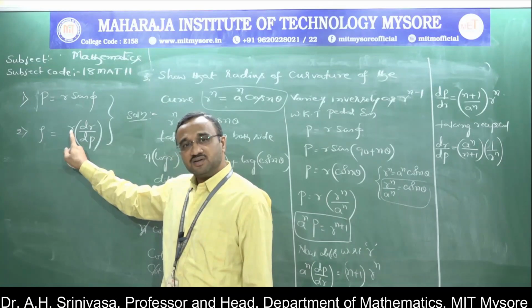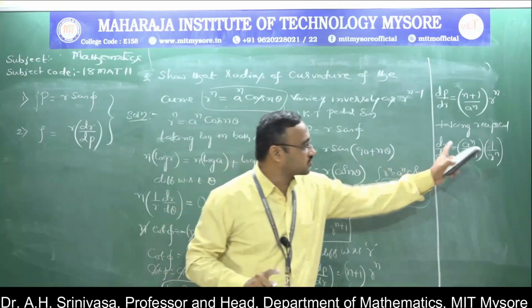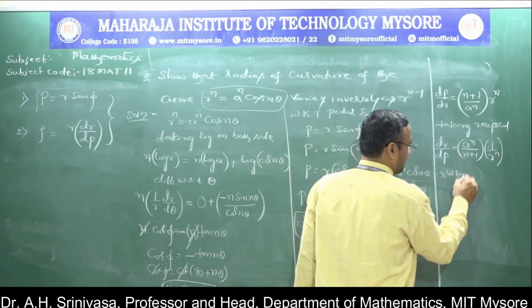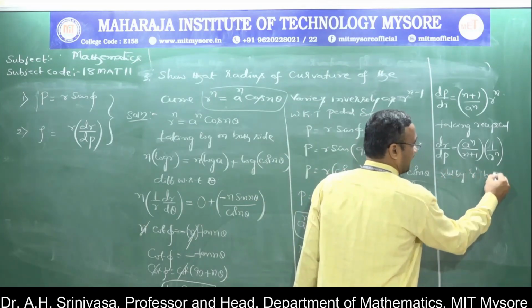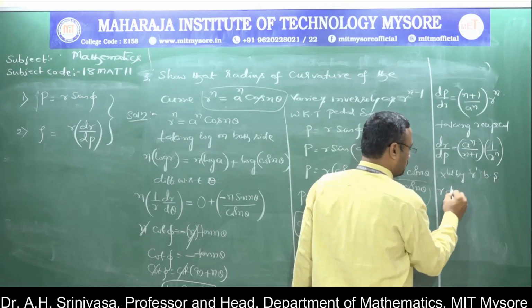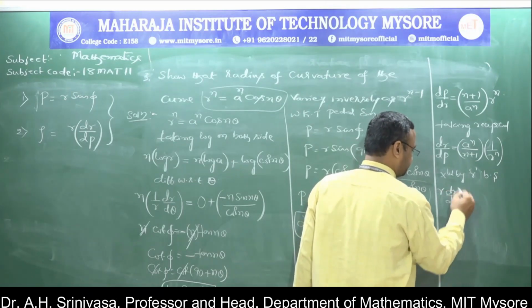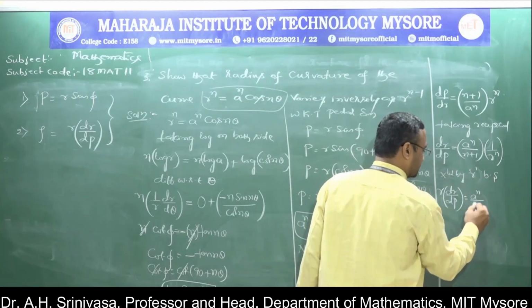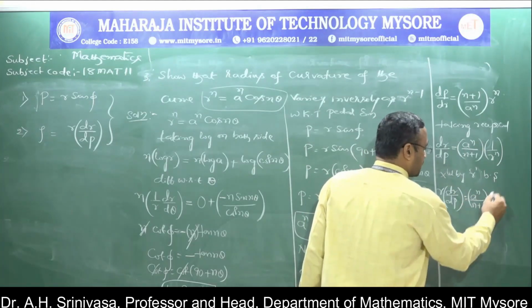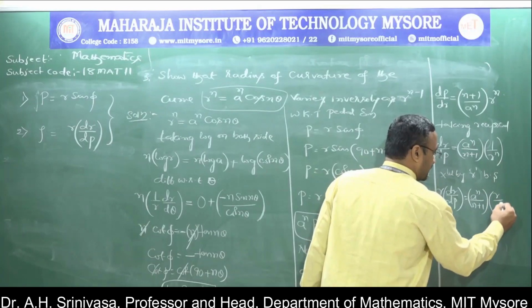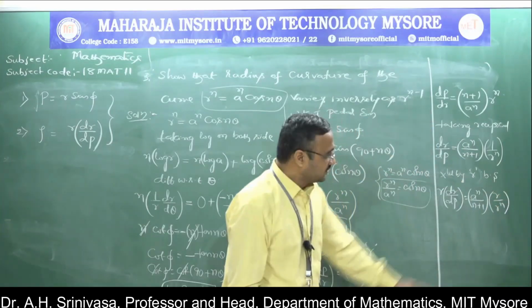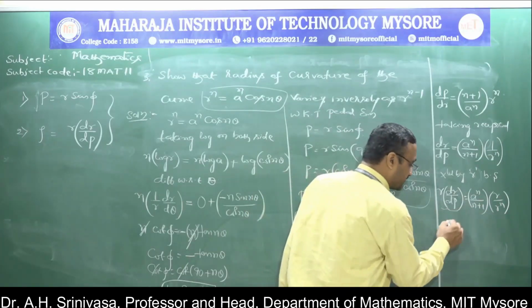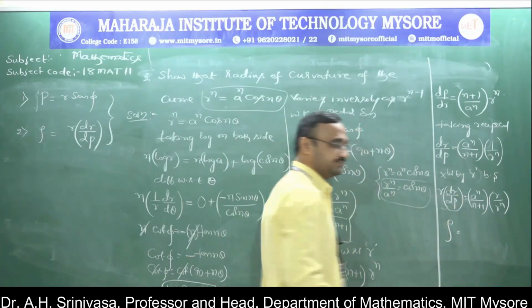What is that term? r. Now I am going to multiply by r on both sides. We get r dr/dp equal to, this is a constant of proportionality, keeping it as it is, r / r^n.